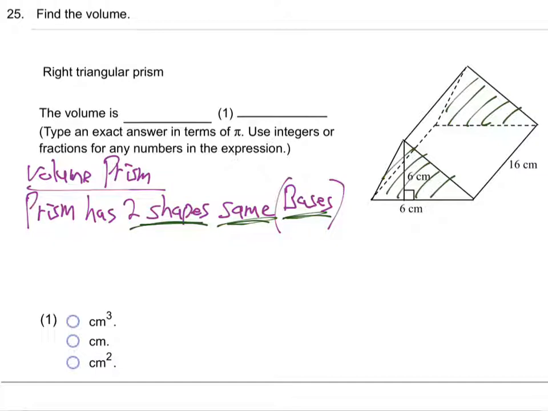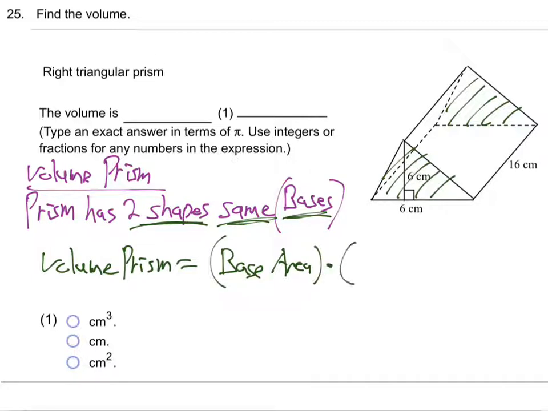So how do you do volume then? Well, the volume of a prism is just going to equal the base area times height.